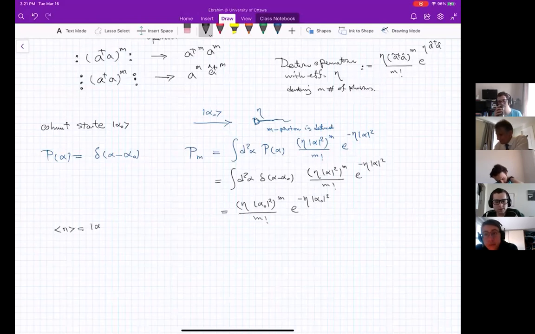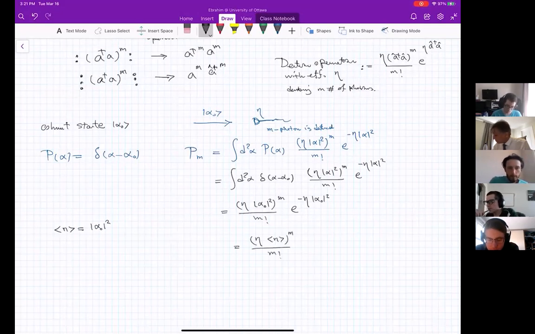It was the square modulus of alpha? Exactly. Square modulus of alpha. This is the average photon number. It was part of your midterm exam, right? Yes. And then if you substitute it here, we get (eta times the average photon number n) to the power of m divided by m factorial, e to the power of minus eta times the average photon number n.